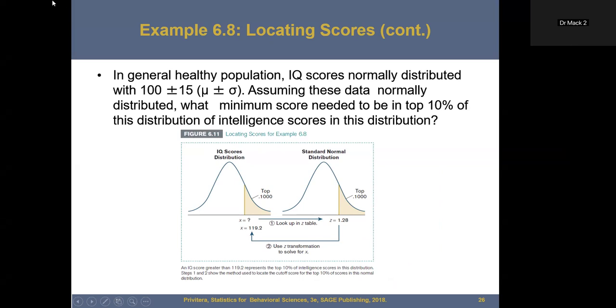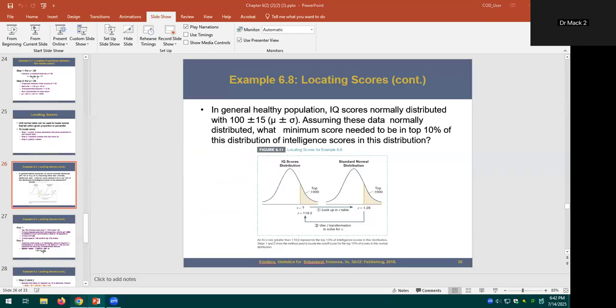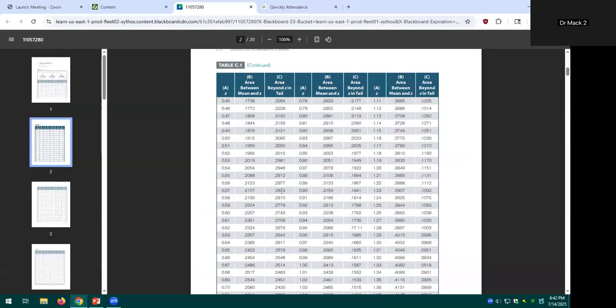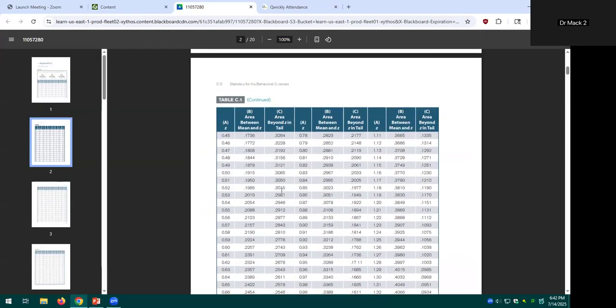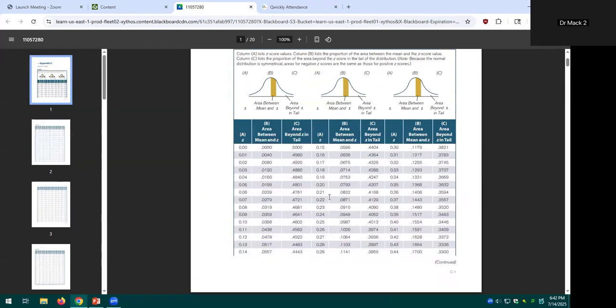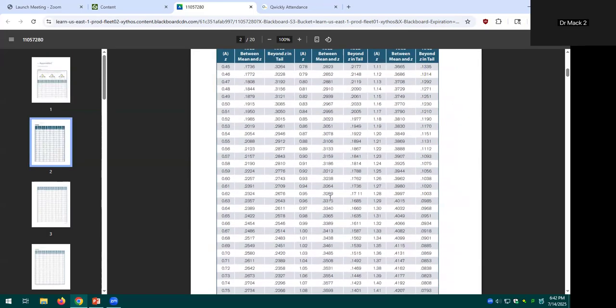So go into our Z table. So beyond the tail, that's what they're getting.